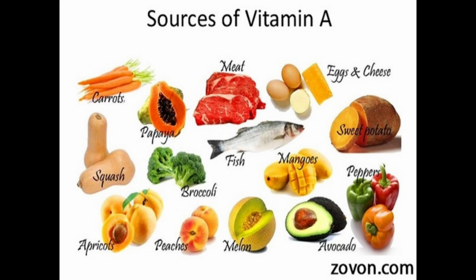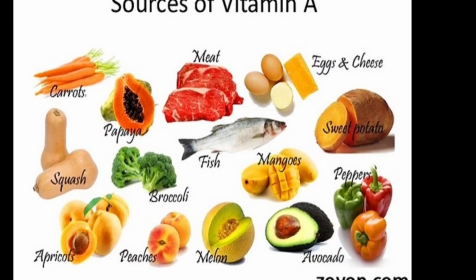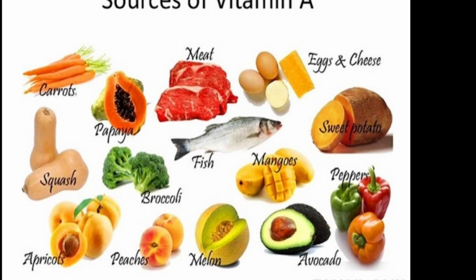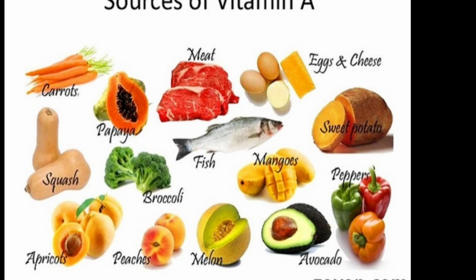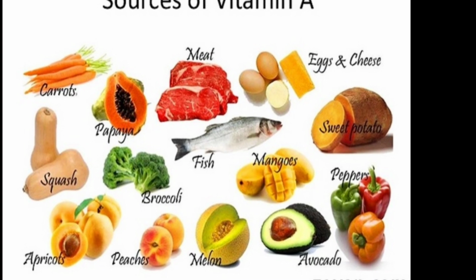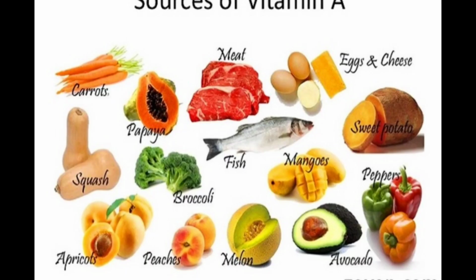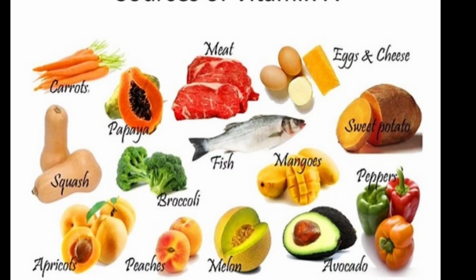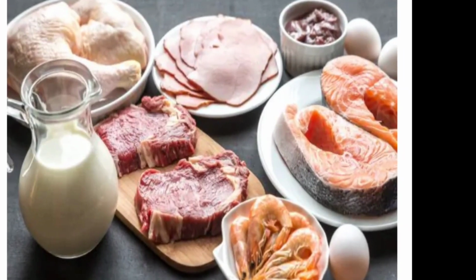So these are the ones you can see here: carrot, papaya and all, mango, even melon and all, and sweet potato, which are yellow. Even egg yolk is rich, fish also, meat mainly the liver part is rich.